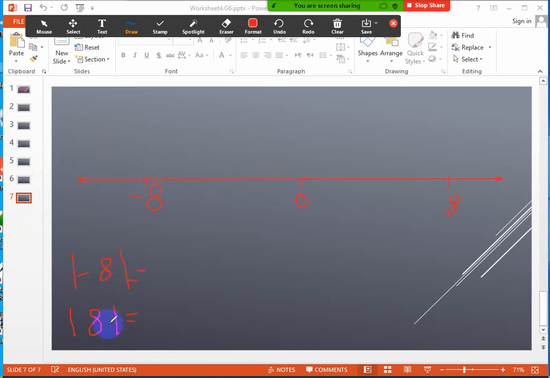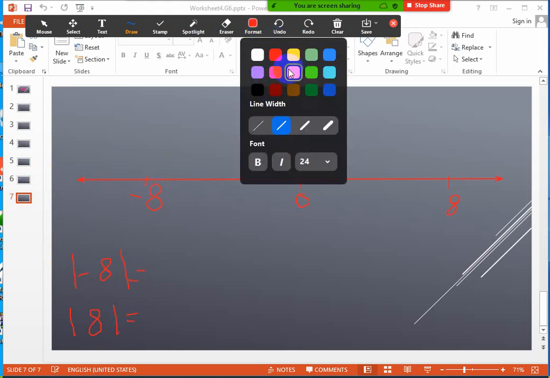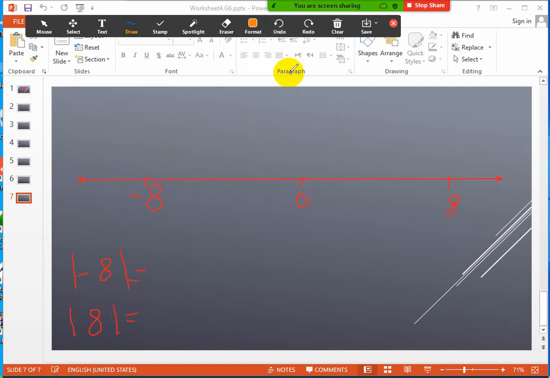So let's start with negative 8. What is the point that represents negative 8? This is the point here. The absolute value for this number is the distance between this point and the 0 point. The distance, of course, is a positive number.